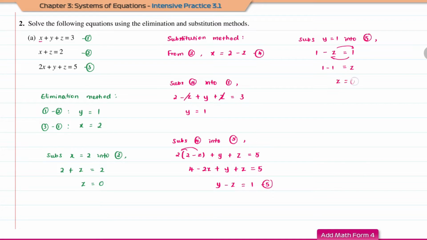Z equals 0. Last one, I'm going to substitute z equals 0 into equation number 4 to find the value of x. Therefore, x is equal to 2.